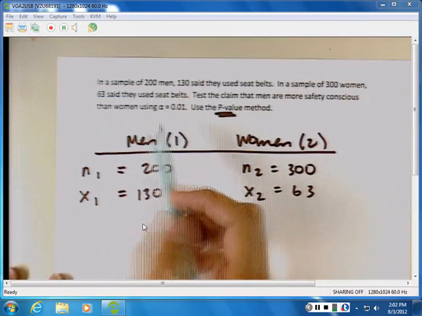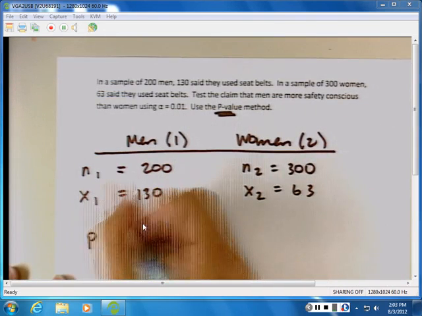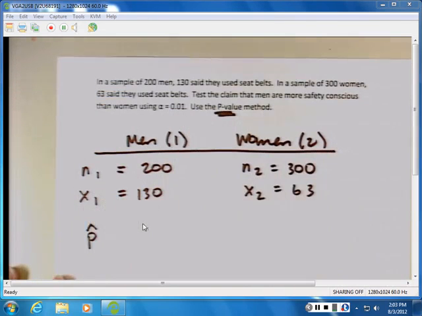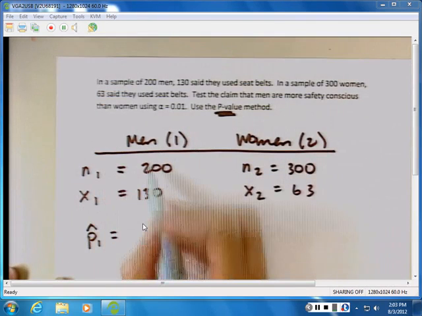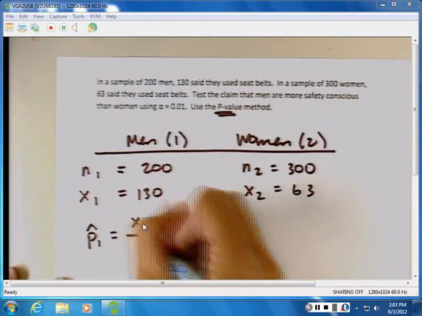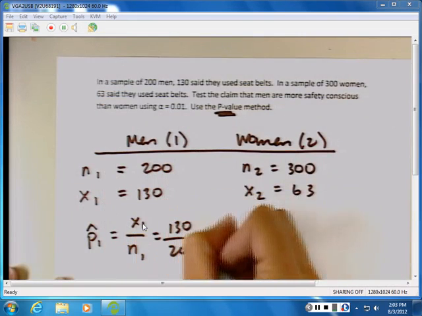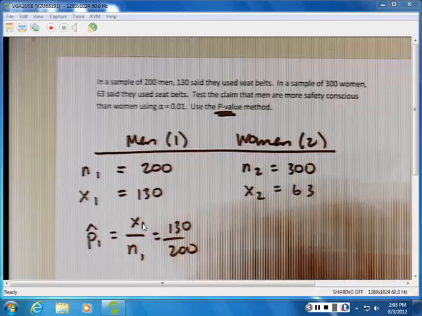I'm going to follow this up with the calculation, and what I really need here is the sample proportion, and that sample proportion is p hat. But I have one for each of the 2 samples. So p hat sub 1 is going to be the 130 out of 200, so x1 over n1. 130 divided by 200 is 0.65.